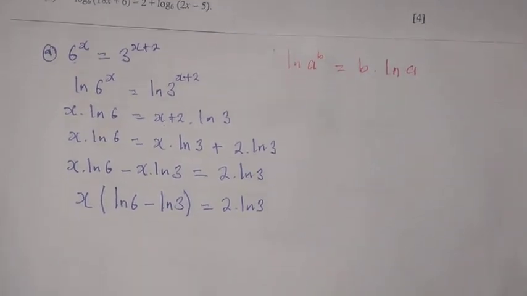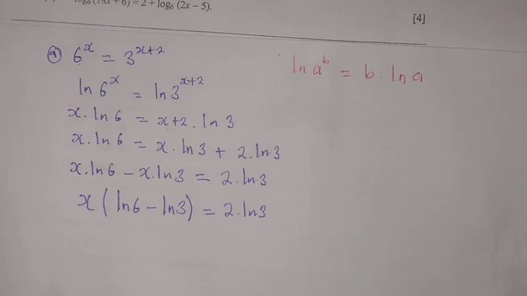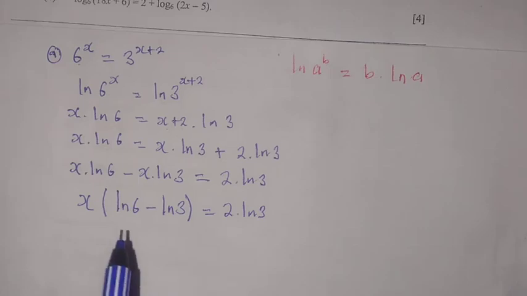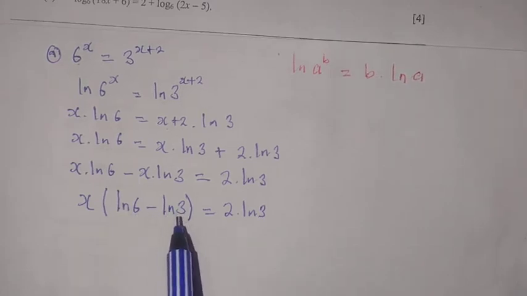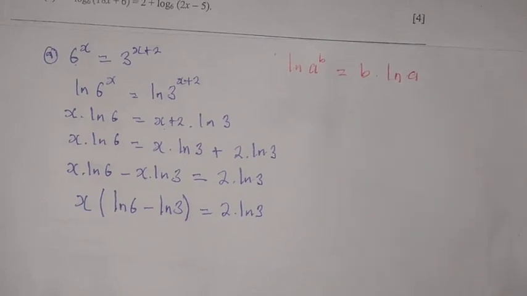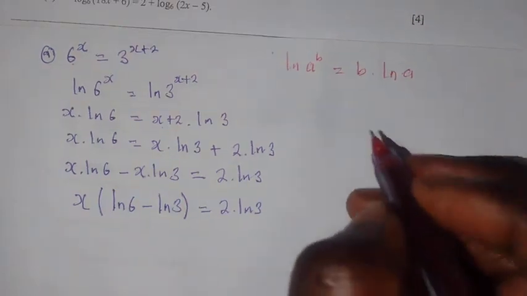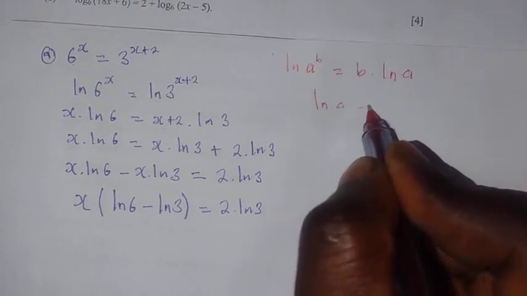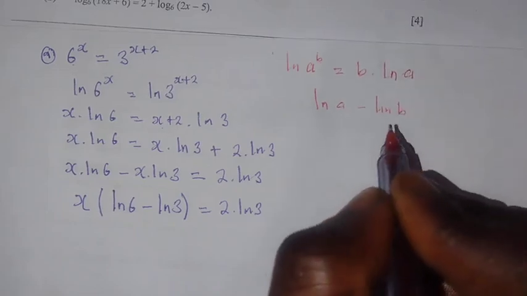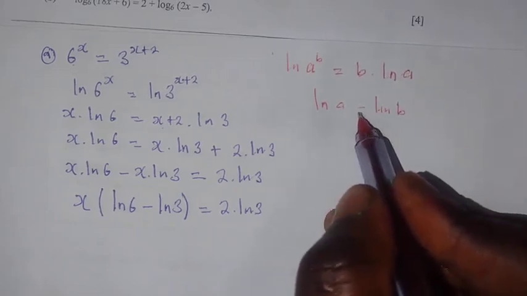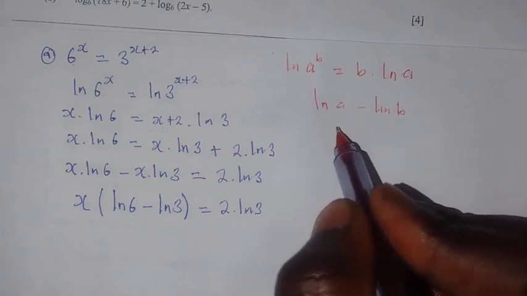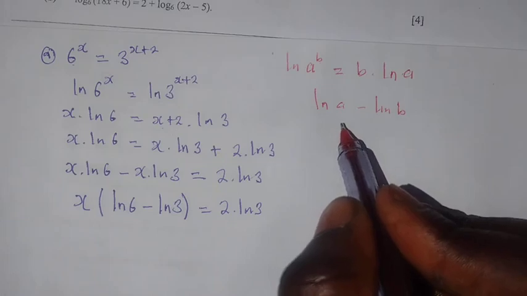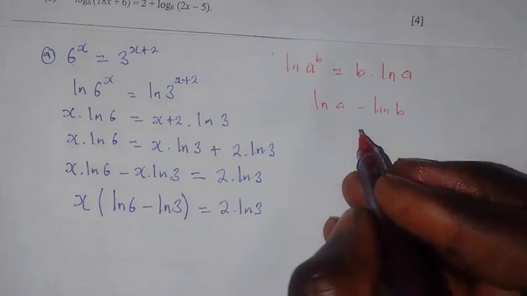Then from this stage, what are we going to do? We can observe that we have ln of 6 minus ln of 3. You agree with me that when you look at the laws of logarithms, if you have ln of a minus ln of b, because of the minus here, and these ln are the same, we can write this logarithm in division form.